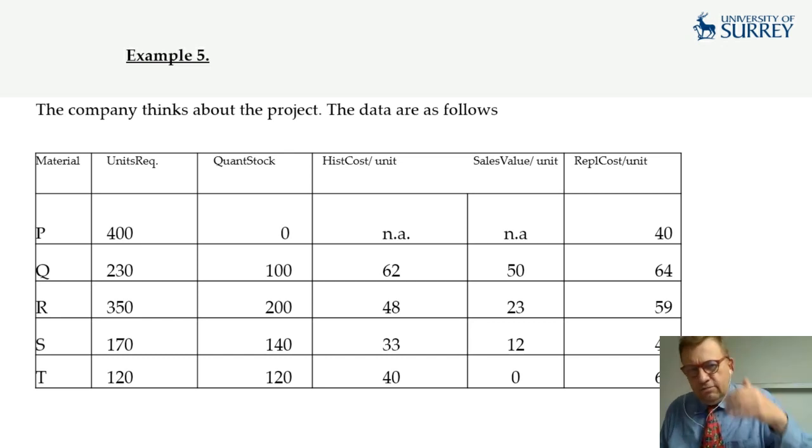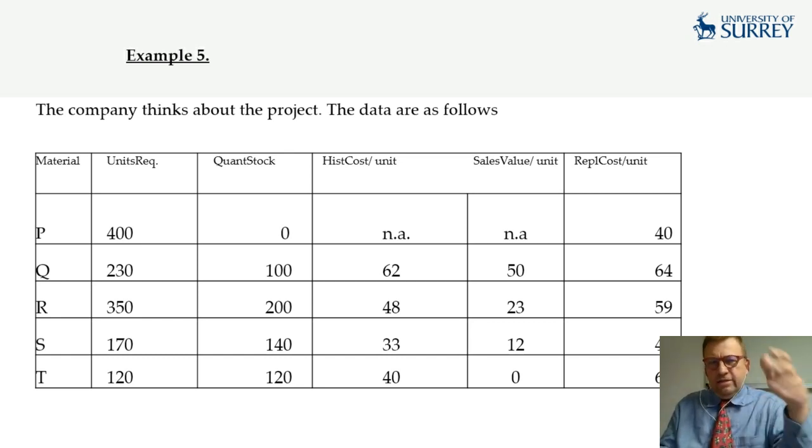So the current market price of P is 40, of Q is 64, of R is 59, and S is 49, and T is 69. I didn't probably mention this, but it would be very useful to have it handy for the later calculations.